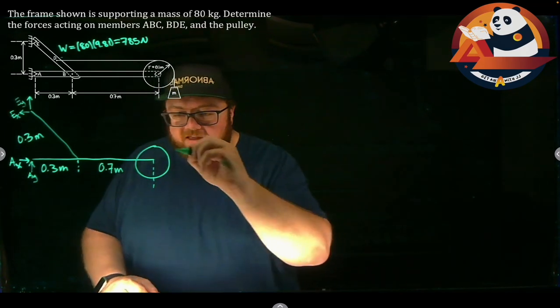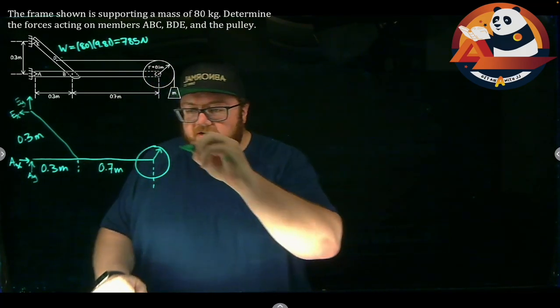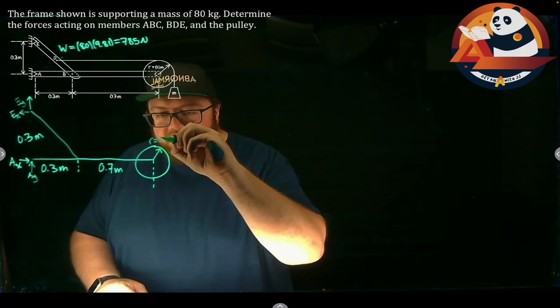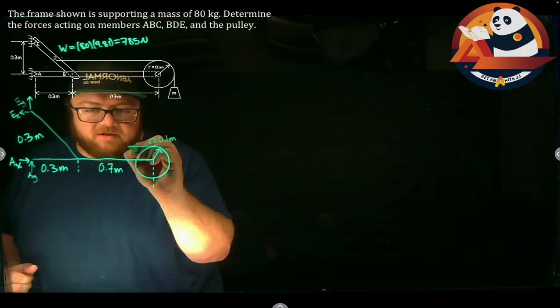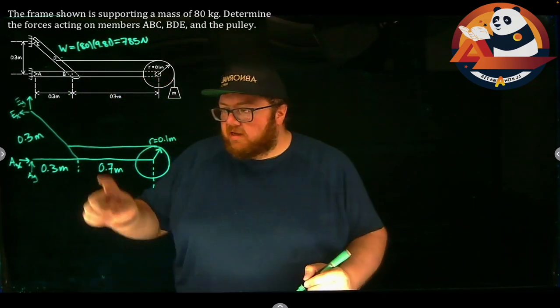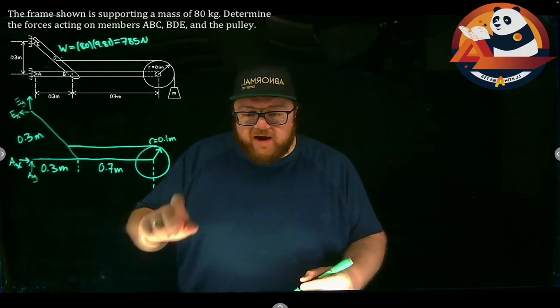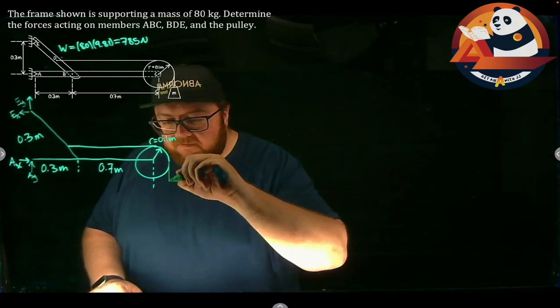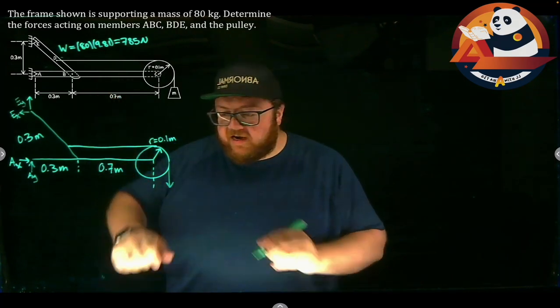And the radius was given as 0.1 meters. R equals 0.1 meters. And off the top of that, I have a cable that goes back and connects to member BDE. Finally, at the far right edge of the pulley, I have my weight hanging down, which was what we just found, 785 newtons.